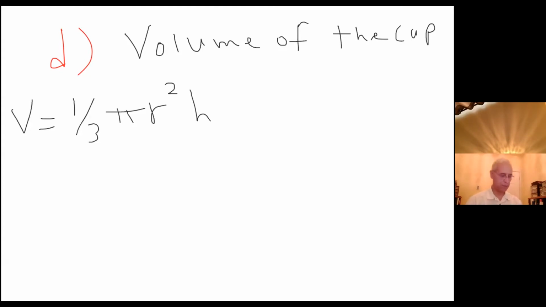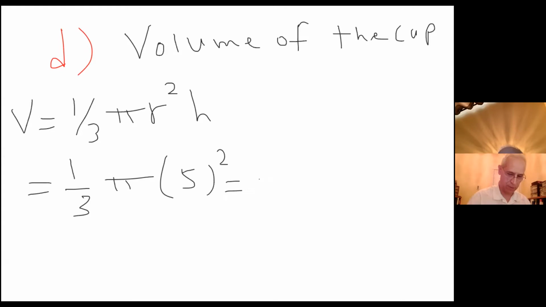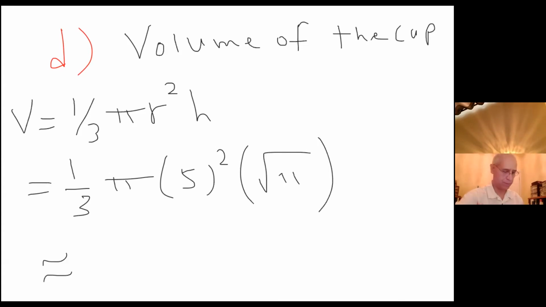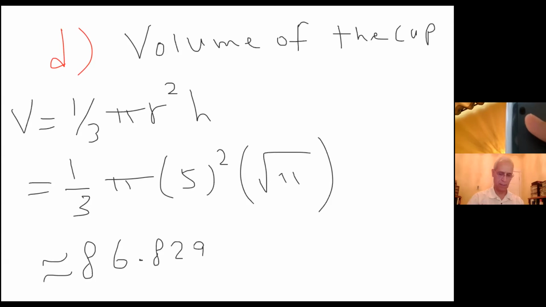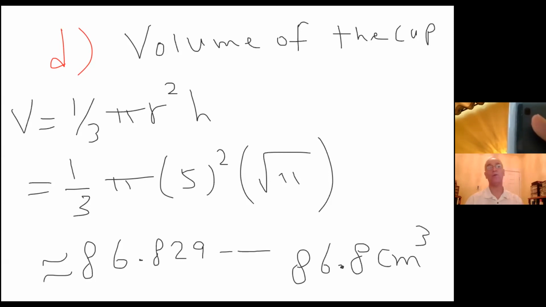So I have this equals 1/3 pi 5 squared times the square root of 11, and that approximately equals 1/3 times pi times 25 times root 11, and that gives me 86.829... So let's say that 86.8 cubic centimeters.